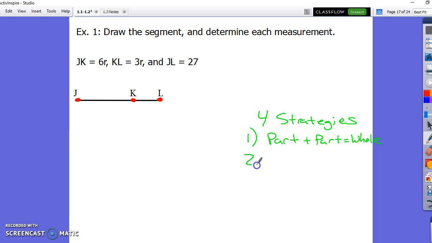The second strategy is part equals part. The third one is whole equals part minus part.